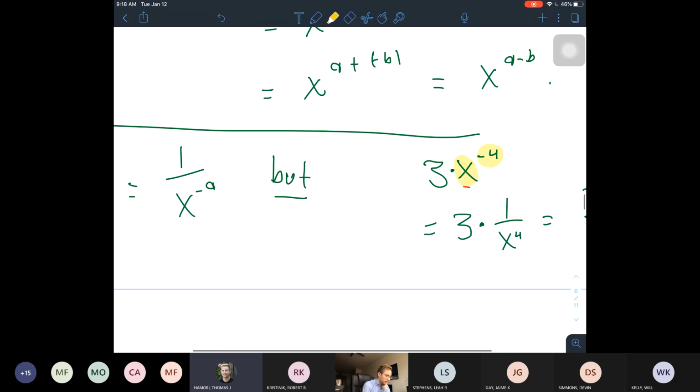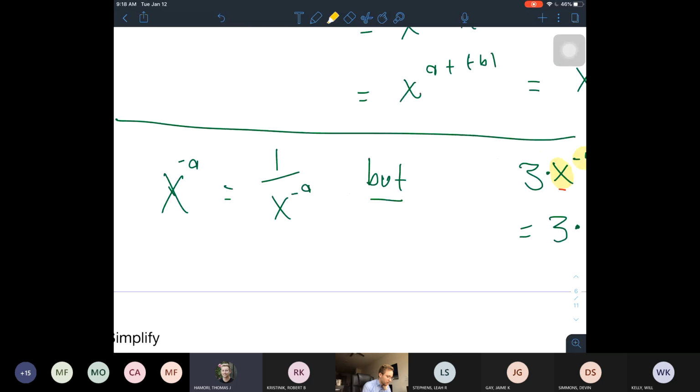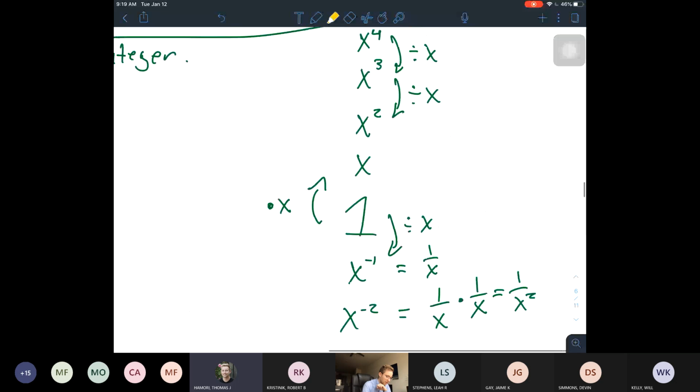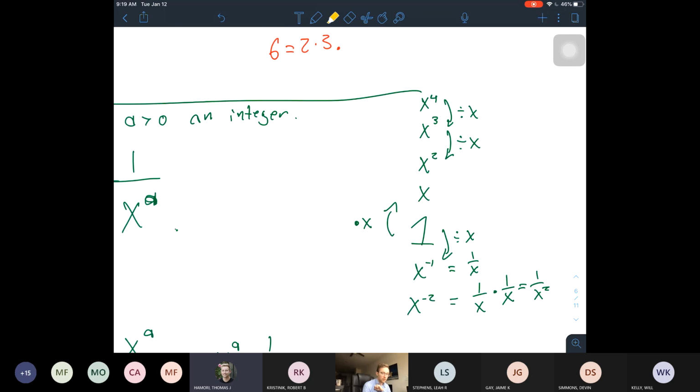Yeah, okay. So if we just have x by itself to some negative power, we just move it to the denominator and the numerator will be 1. Okay, it comes from this ladder type of thing here. Remember, 1's right in the middle, so if we go down 1, we should take 1 and divide it by x. If we go up 1, we should take 1 and multiply by x. That's where it comes from.